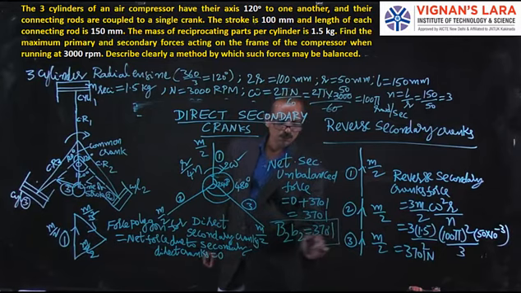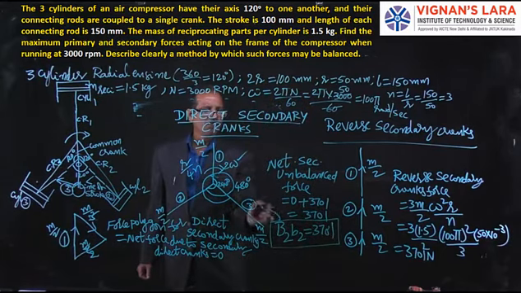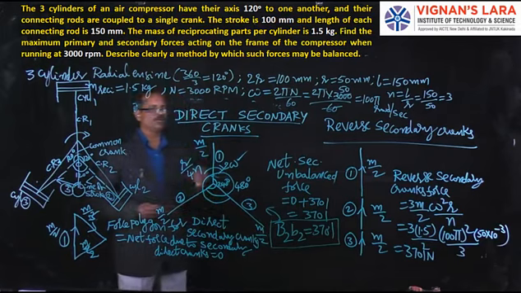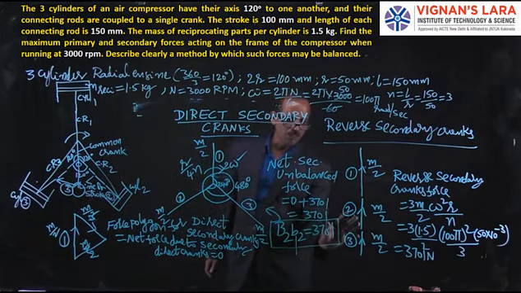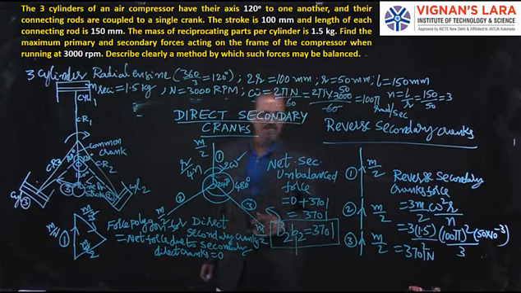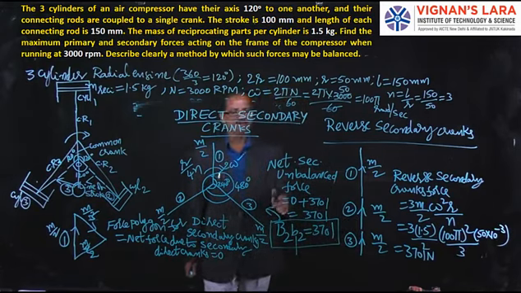So if you identify the value of B2, or if you identify the small b2, at what distance you have to place the weight, then you can get the value of B2.